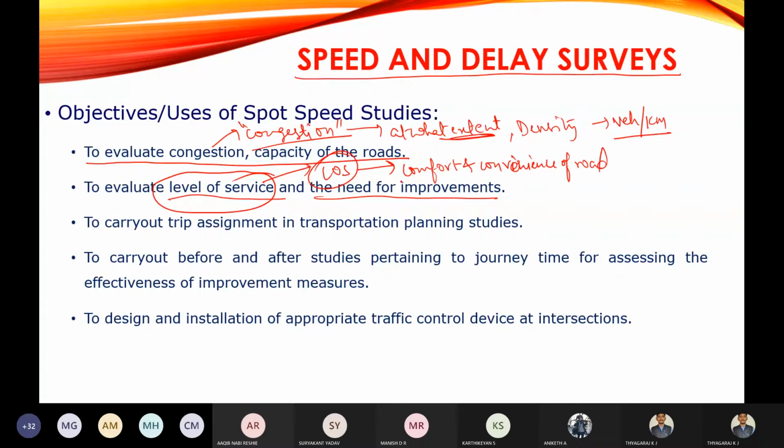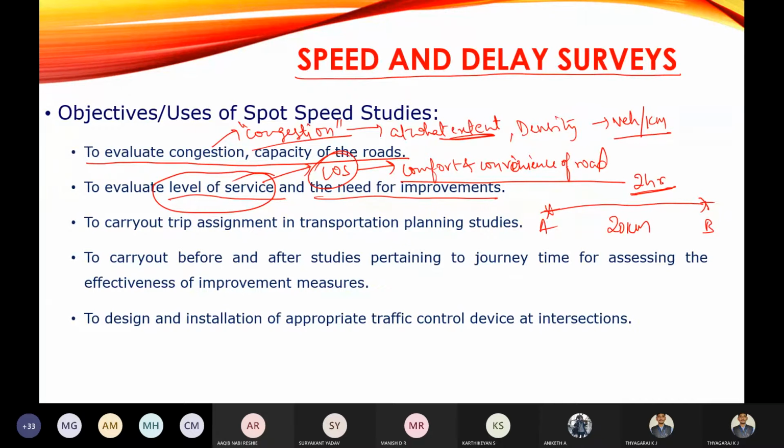So, for example, you will be moving from one point to another, from A to B. Around 20 kilometers is there. Because of road deterioration, that is because of damaged road condition or weather condition, you will be taking 2 hours to travel 20 kilometers. You require 2 hours because of road condition.